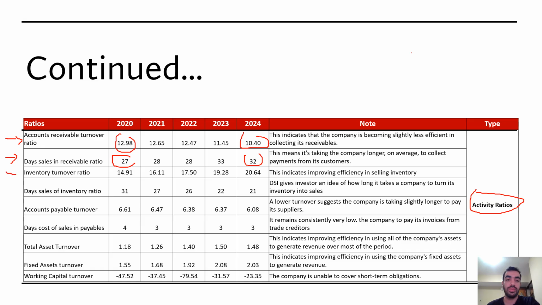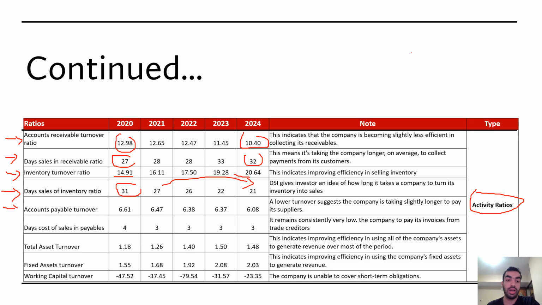If you look at the inventory turnover ratio, it is rising from 14 to 20. So it's showing improved inventory sales efficiency. Days sales of inventory is decreasing from 31 to 21, reflecting quicker inventory turnover.